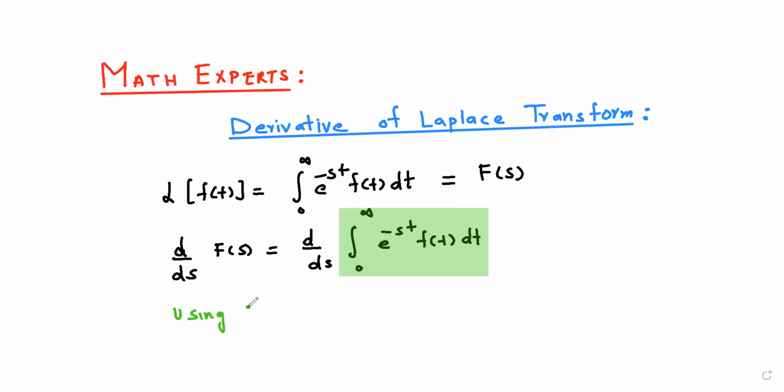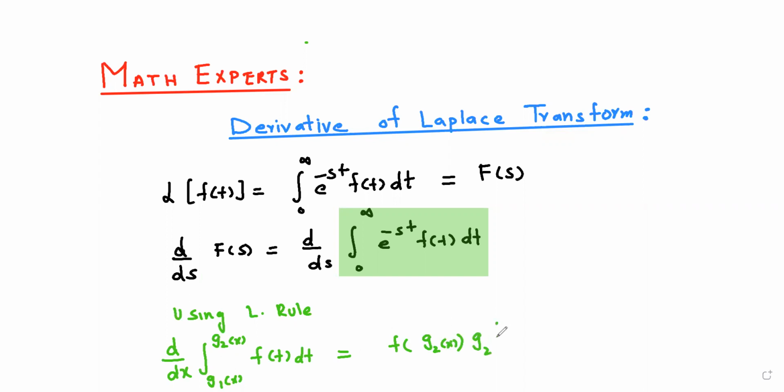Using the Leibniz rule. The Leibniz rule says that if I have d by dx applied on the integral from g1 of x to g2 of x of f of t dt, then I can write it as f of the upper limit g2 of x, times the derivative of the upper limit g2 prime of x, minus f of g1 of x times g1 prime of x, plus the integral from g1 of x to g2 of x of d by dx of f of t, dt.